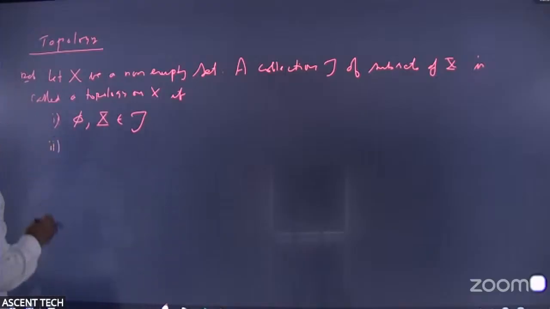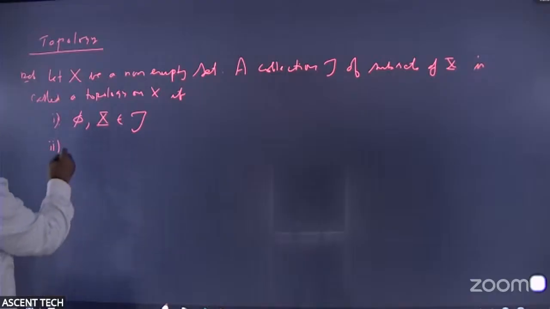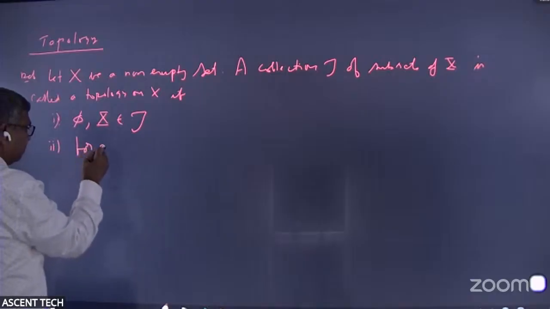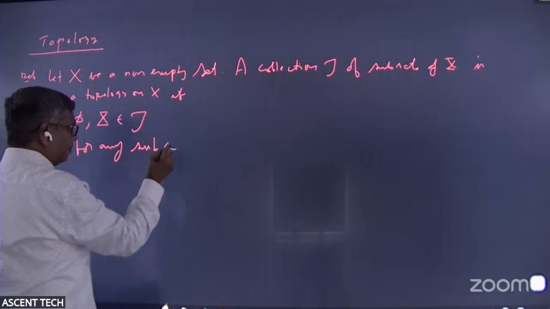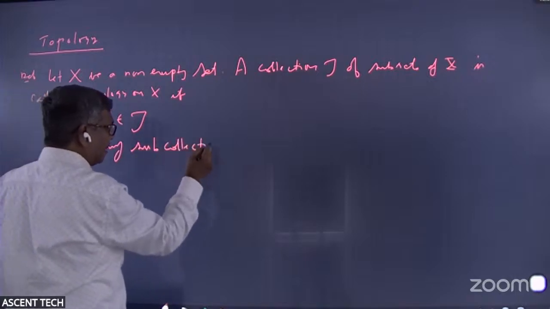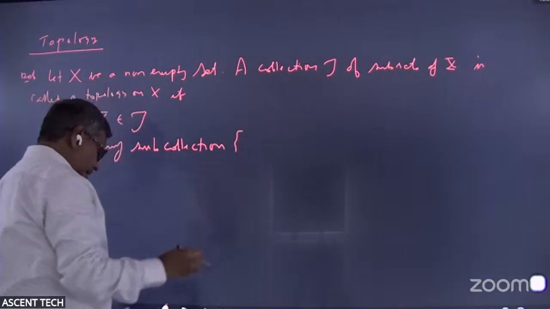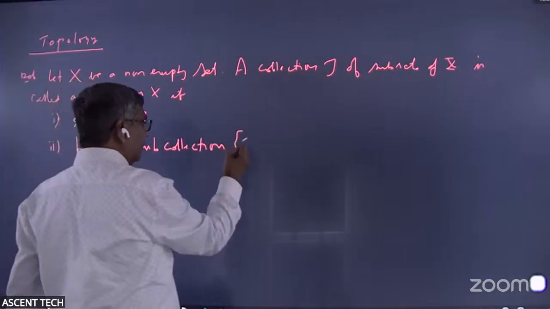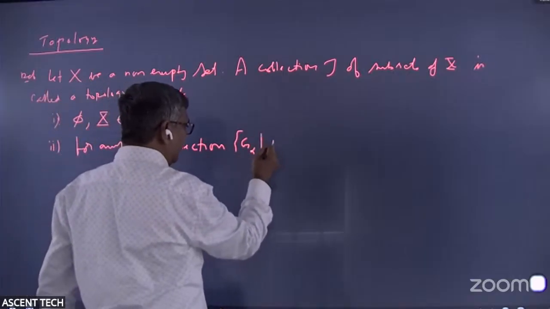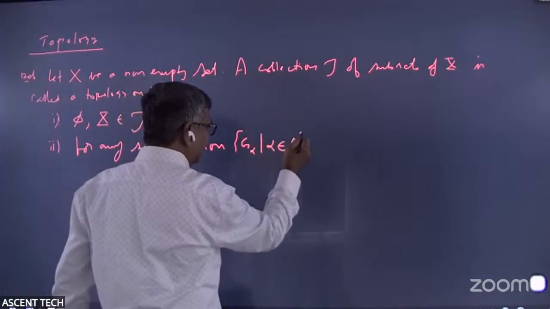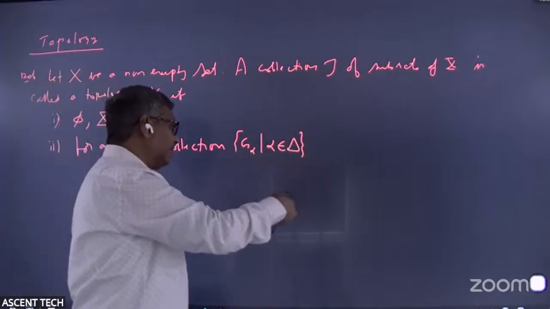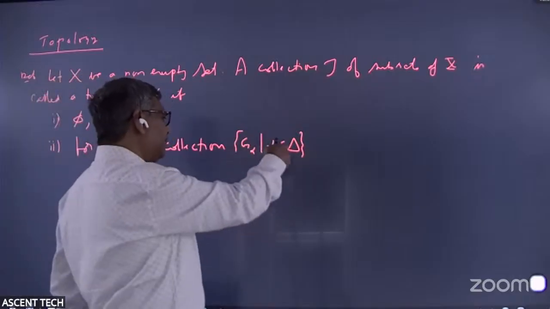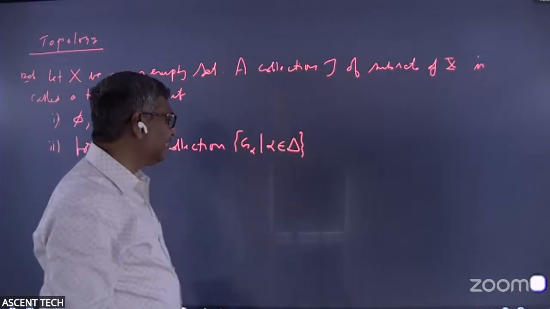2. For any subcollection, perhaps I take G alpha, alpha in delta. So this is some indexing set. Maybe the indexing set is 1, 2, 3, then it is G1, G2, G3. But delta can be very rich. It doesn't have to be finite.